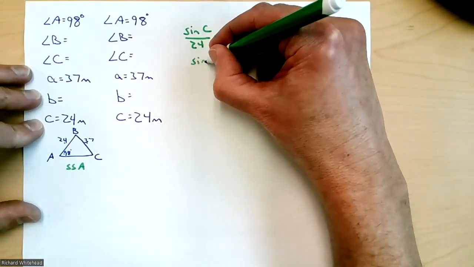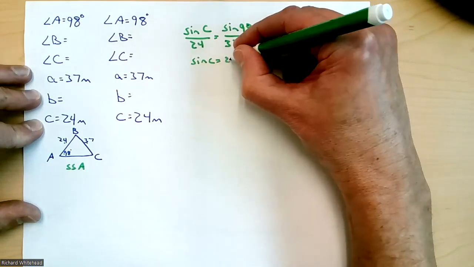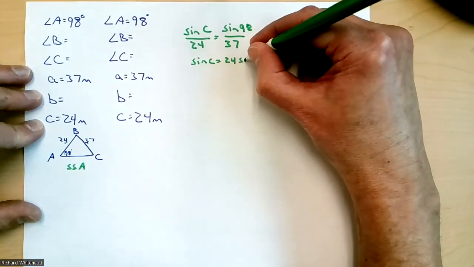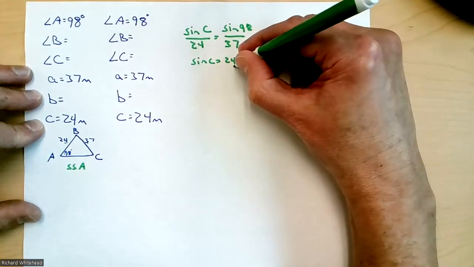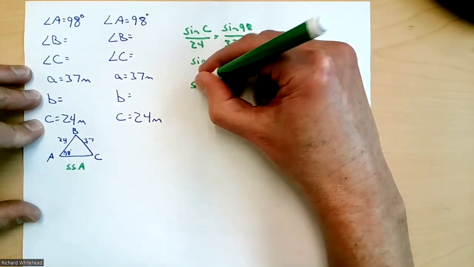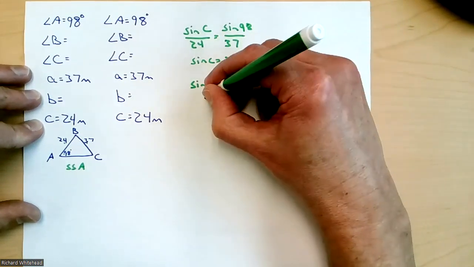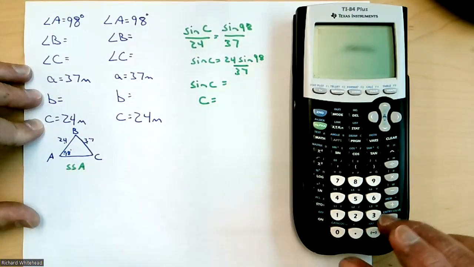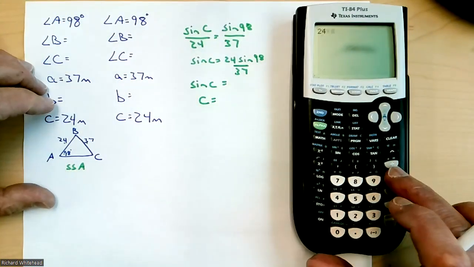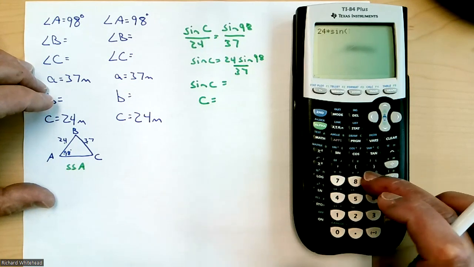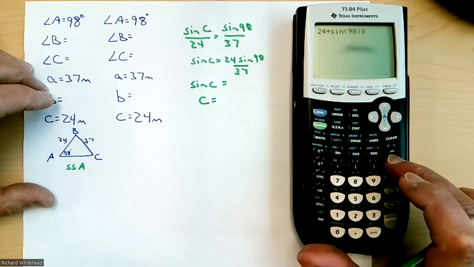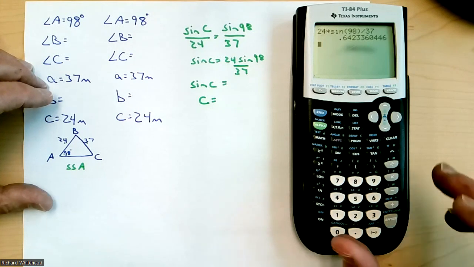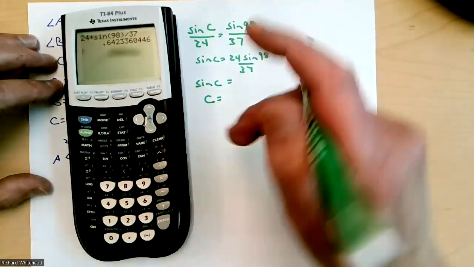So I've got sine of C equals 24 times sine of 98 over 37. So let's see what we get here. We get 24 times sine 98 divided by 37, so 0.64.